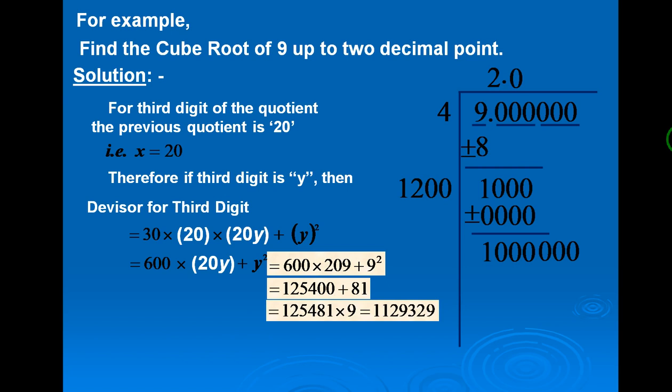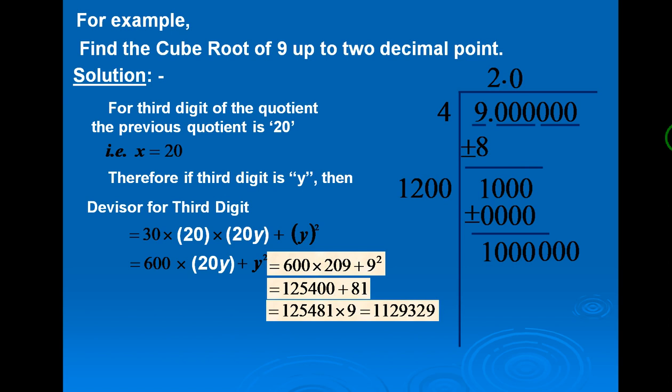When we multiply this divisor by 9, we get 1129329, which is again much more than 1000000.